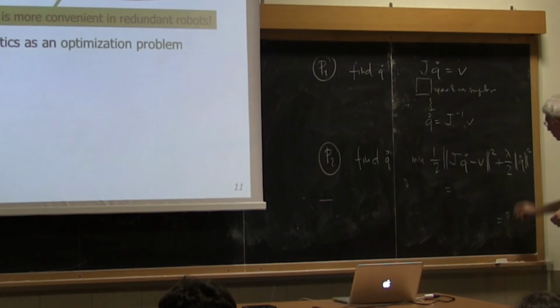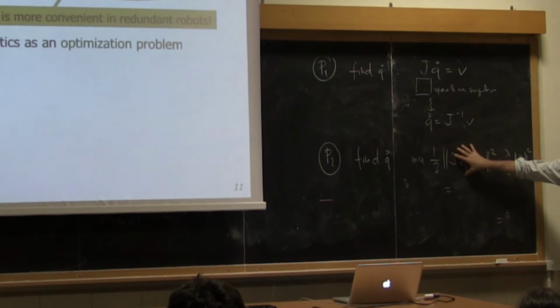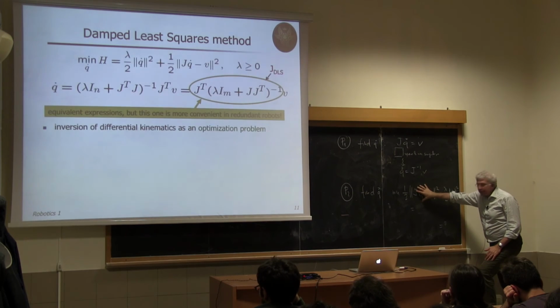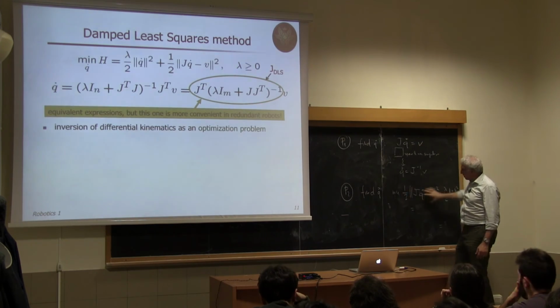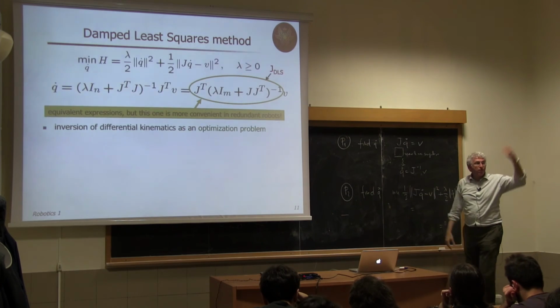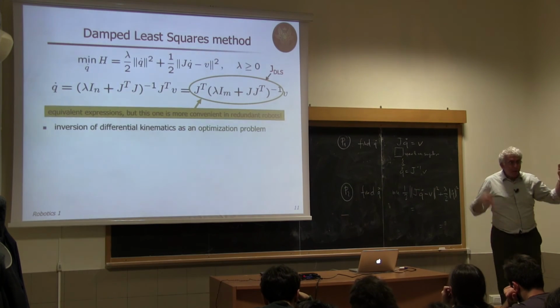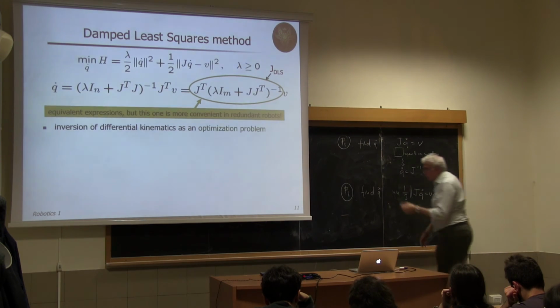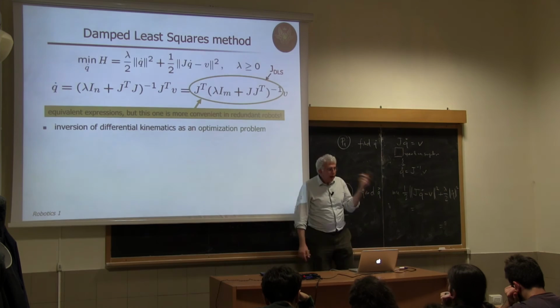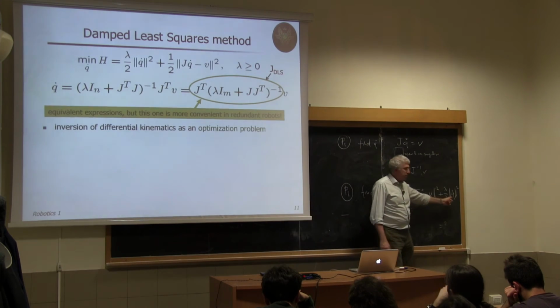So with a weighted lambda, a positive number, I'm trying to minimize not only this, because for solving exactly this, I would have 0 error, but I may have a very large q dot. So I'm putting into the objective function also another term which penalizes large joint velocities.